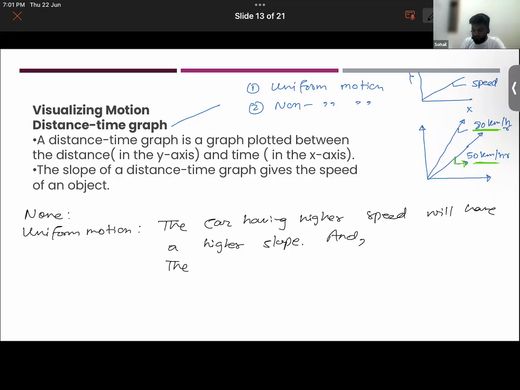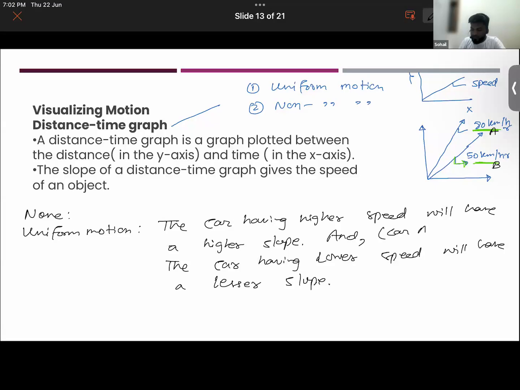And the car having lower speed will have a lesser slope. So this is car B here, and this is car A here. Did you get this one? Yes, sir. Yeah, that is pretty simple.